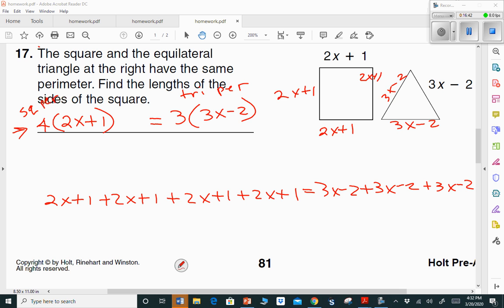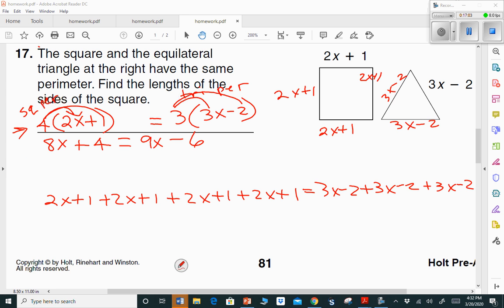I'd rather do this. 4 times 2x is 8x. Bring down the plus, and 4 times 1 is 4 equals 3 times 3x is 9x. Bring down the minus, and 3 times 2 is 6.